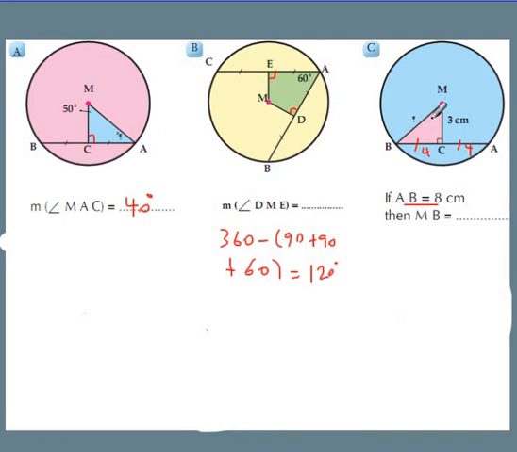To find length of MB by using Pythagoras theorem, MB is the hypotenuse, then MB equals square root of (3 power 2 plus 4 power 2) equals 5 centimeters.